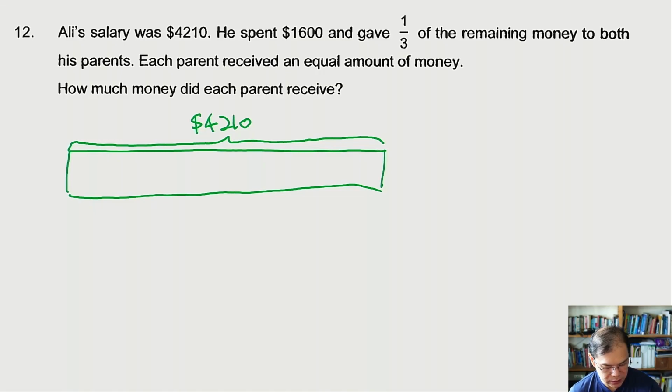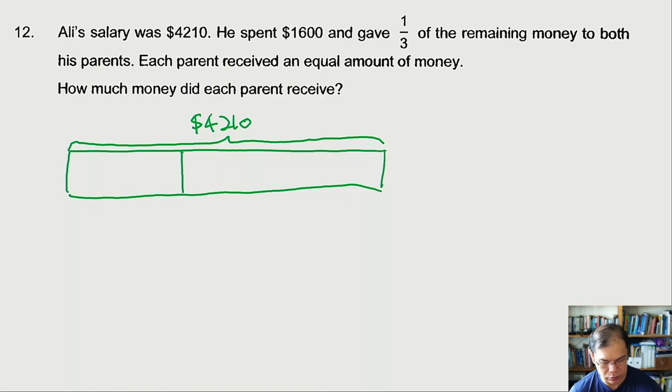Now he spent $1,600, right? $1,600 is definitely less than half of 4,210 because 4,210 to the nearest thousand is 4,000. Half of 4,000 is 2,000, so slightly less than half. So I'm just going to draw here. I don't have to be very exact where the $1,600 is.